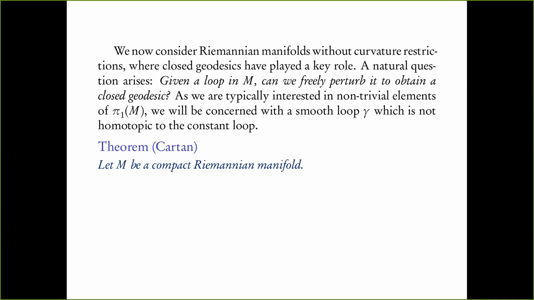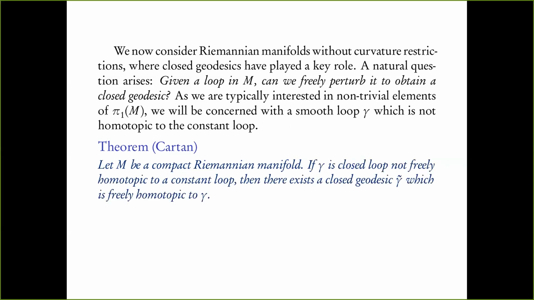Here's the theorem of Cartan. Let M be a compact Riemannian manifold; I'll remark later on why compactness is essential. If gamma is a loop which is not freely homotopic to a constant loop, then there exists a closed geodesic gamma tilde which is freely homotopic to gamma.